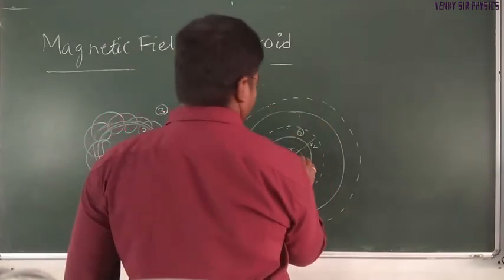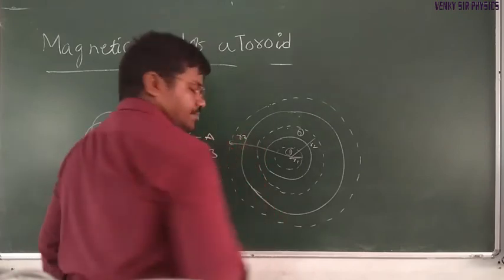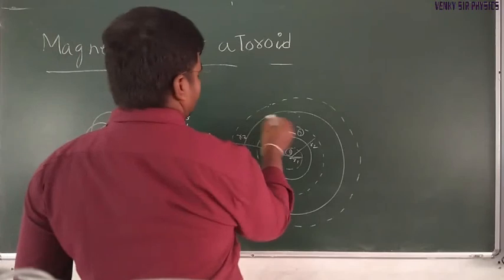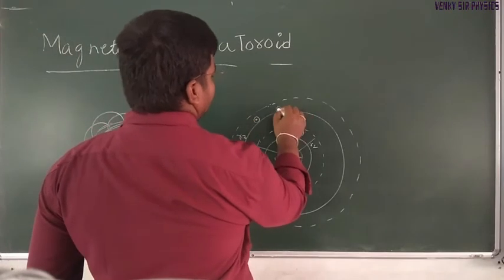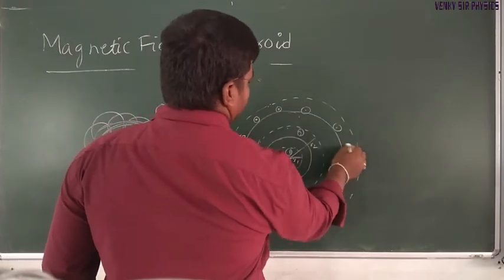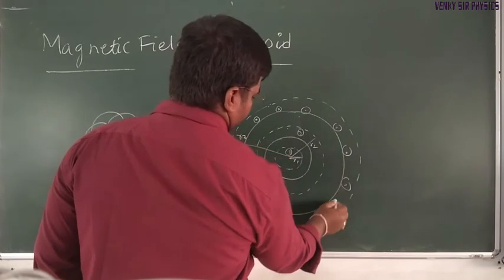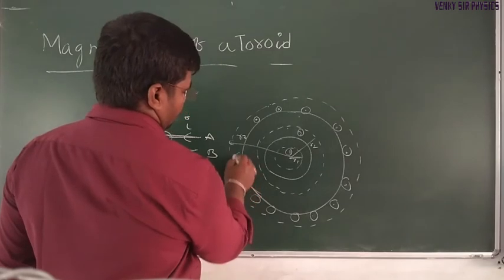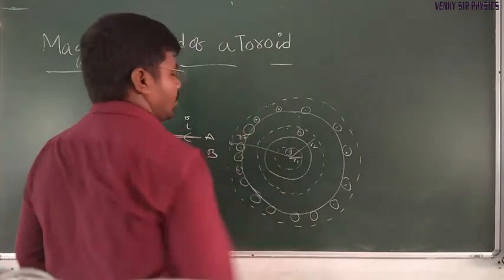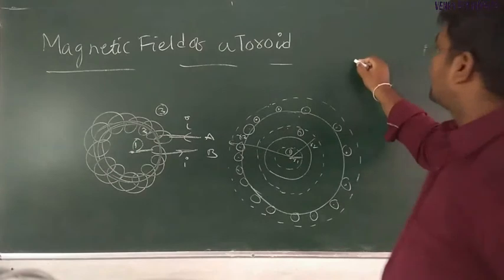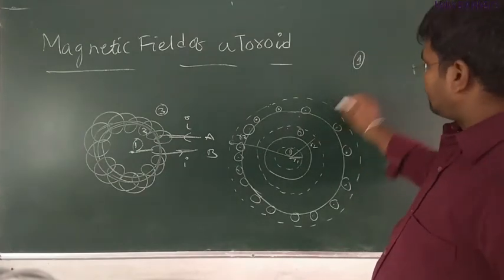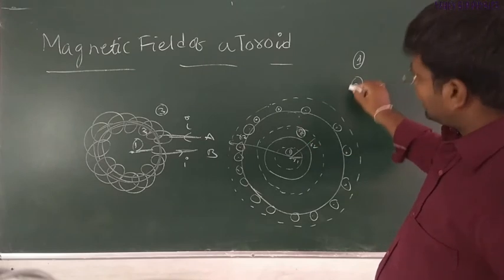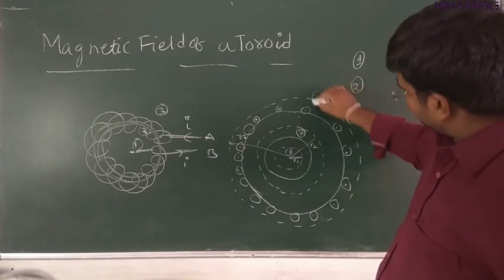And outside the toroid, that is R3. According to the diagram, the field lines are out from the outer edge of the toroid. See, this is point 1, this is 2, and this is 3.